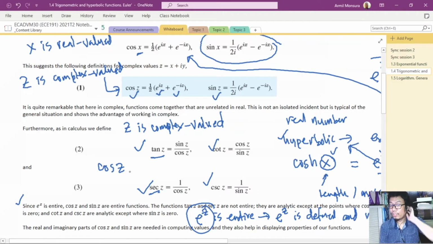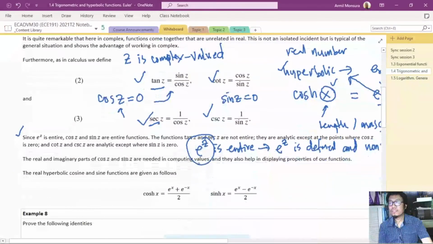There is a value of z that would make cosine of z equal to zero, and in that case, tangent of z is not defined. In the same manner, cotangent of z and cosecant of z are not entire because it is possible that sine of z can be zero. In that case, cotangent of z and cosecant of z become infinite. So at those points, those functions are not defined.